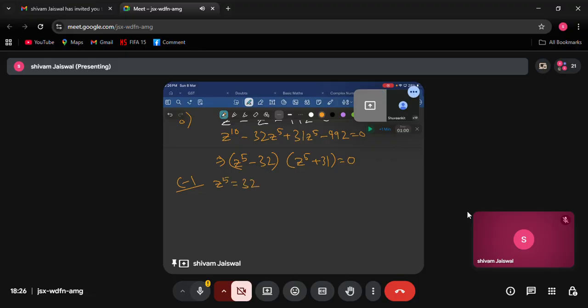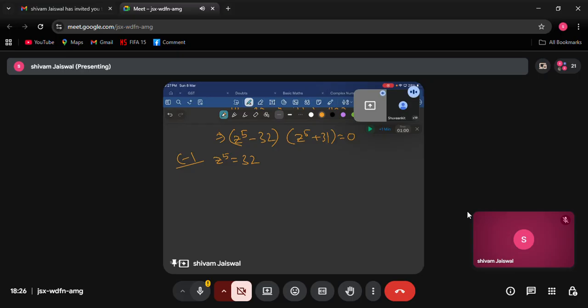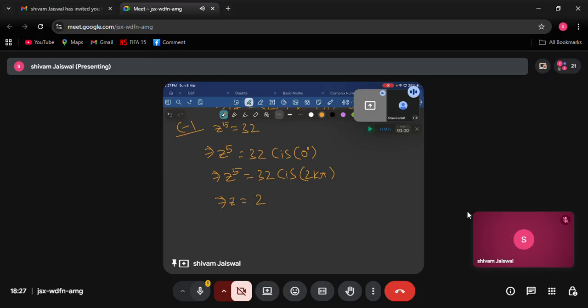So z to the power 5 is equal to 32 into cis 0 degree, which is 32 into cis 2k pi. This implies z is equal to 2 into cis 2k pi by 5, for k equal to 0, 1, 2, 3, 4.